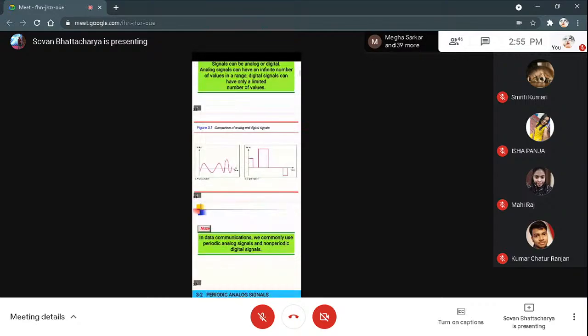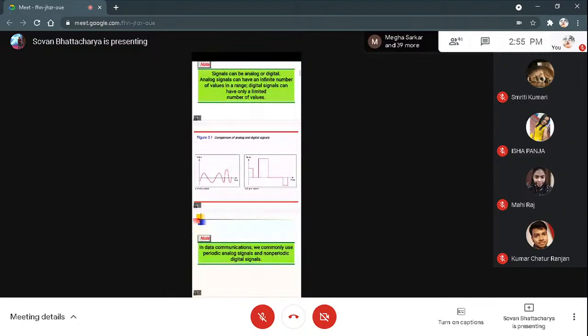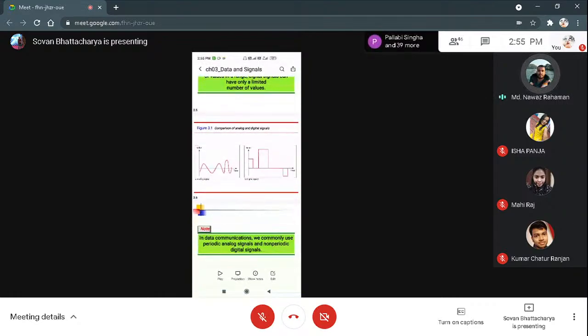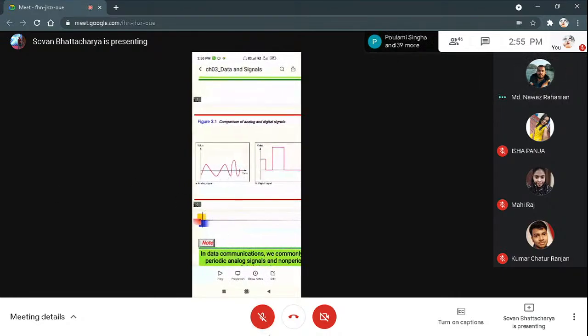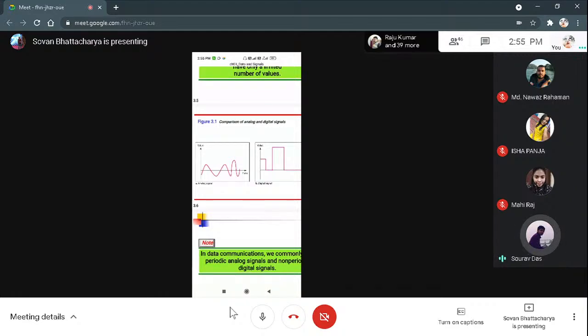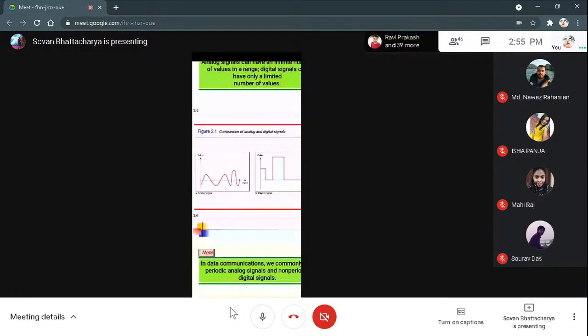Sir, can you please rotate your phone? Hello. Yes, sir. Can you please rotate your phone? Repeat. Yes, sir. The screen is not visible. Sir, if you will rotate it, then it would be better. Yes.